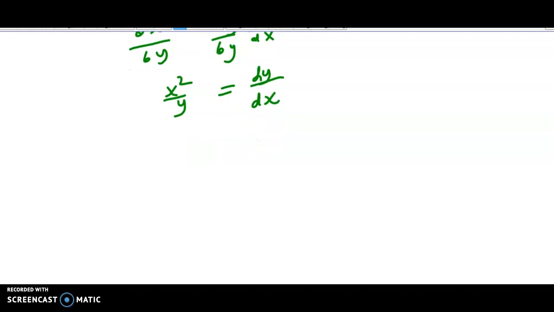Now I'm going to calculate the second derivative by differentiating again. So the second derivative of y with respect to x squared, I'm going to do the quotient rule because I have division.